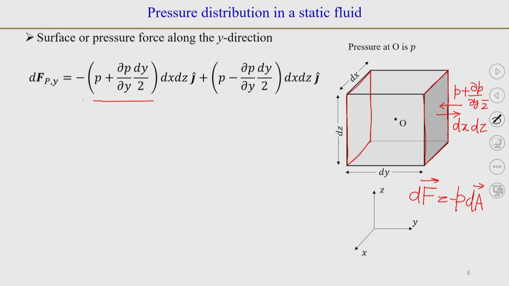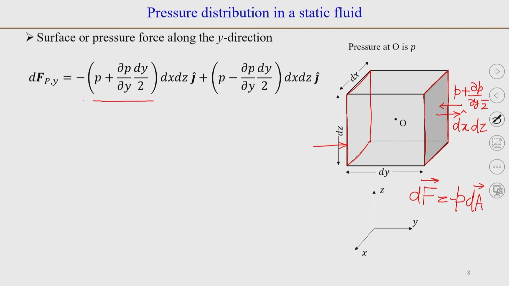So, the area is positive. This is the positive j direction, or the unit vector j, but the force that will act on this surface will be in the negative direction. So, we can see here the pressure multiplied by area dx dz into j, with a negative sign. Similarly, on the left surface, the pressure force will act in the positive y direction, whereas the area vector will be the outward normal, pointing in the negative y direction.